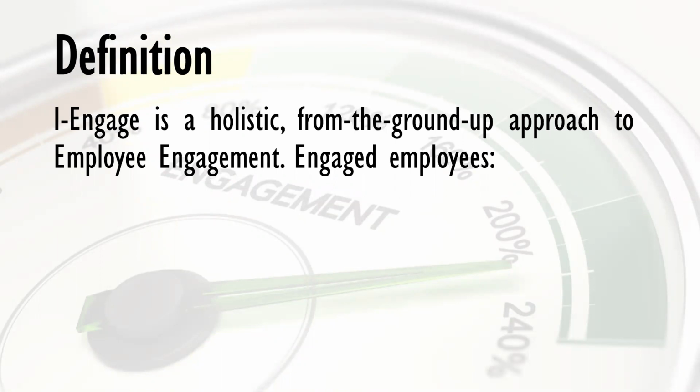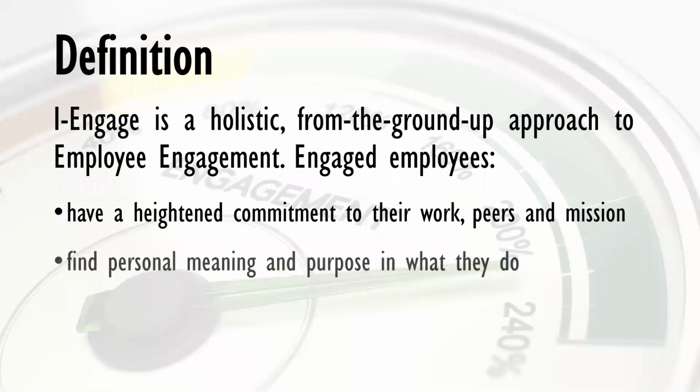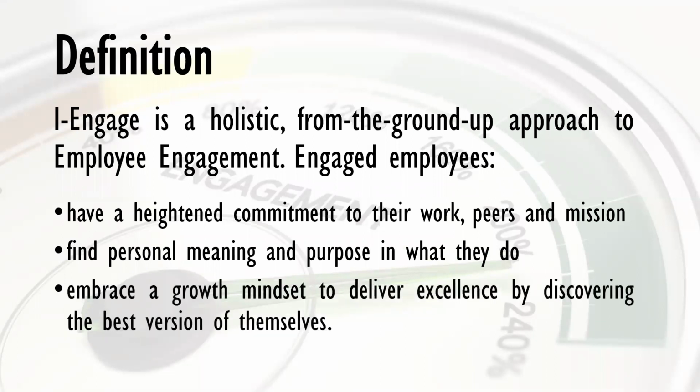Engaged employees have a heightened commitment to their work, peers, and mission. They find personal meaning and purpose in what they do. And engaged employees also embrace a growth mindset to deliver excellence by discovering the best version of themselves. So IEngage is about your sustained influence, effectiveness, and excellence all around at work.